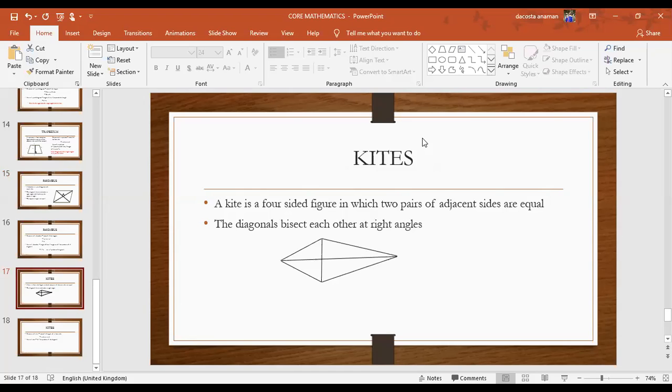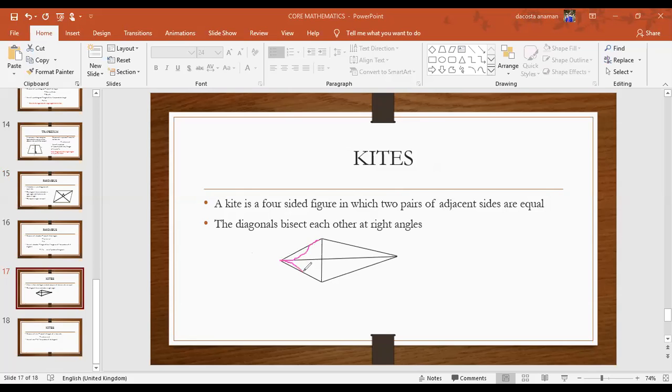So a kite is also a four-sided figure in which two pairs of adjacent sides are equal. If you look at this figure, we have this side equal to this side, and this side equal to this side.